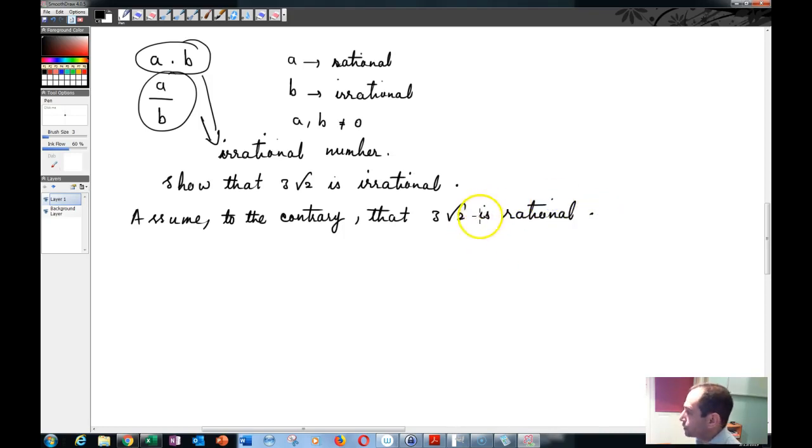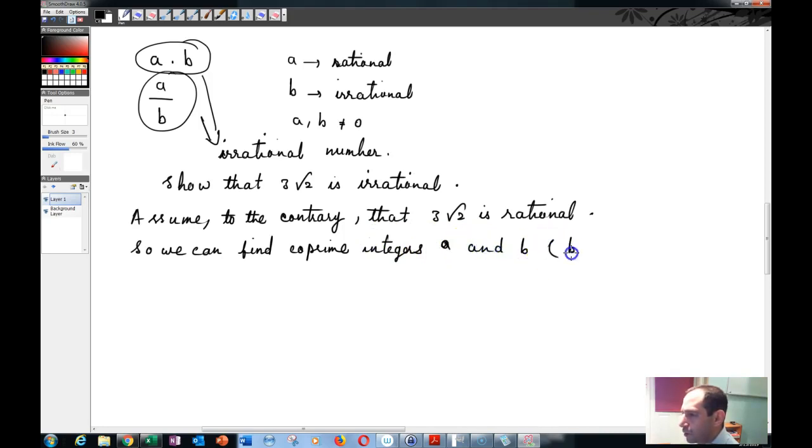And if it's rational, then we can find co-prime integers a and b, b not equal to 0, such that a divided by b is equal to 3 square root of 2.